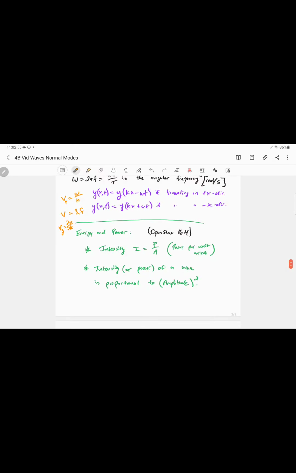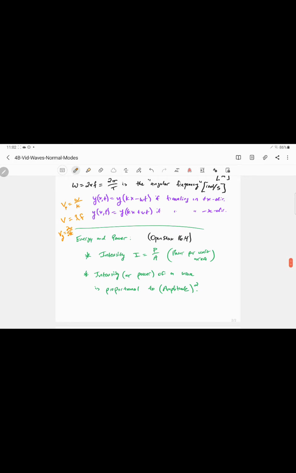The last topic I have here is energy and power. One key thing is the introduction of this new quantity called intensity, power per unit area. Be careful, this is not amplitude, this is area. This is power over area.